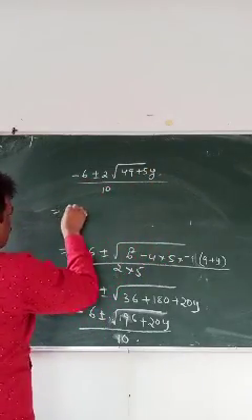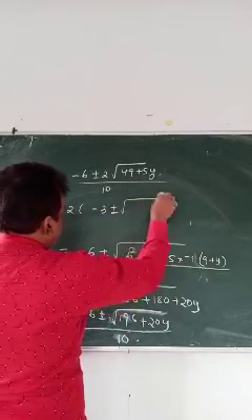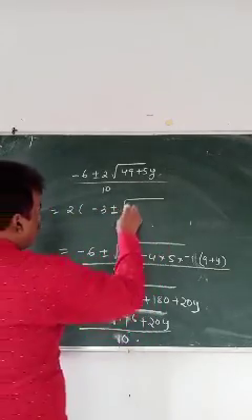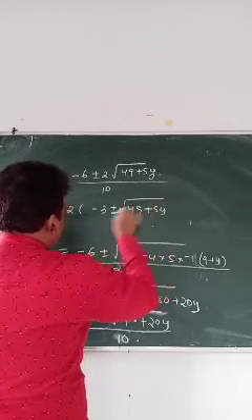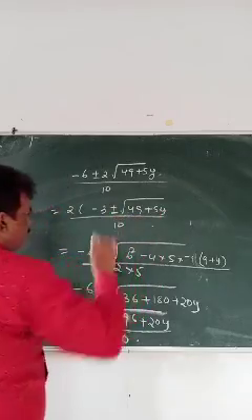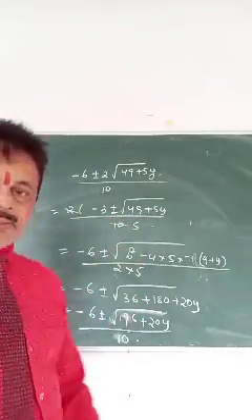If I take 2 common, minus 3 plus minus root of 54 plus 5y, by 10. 2 cancels 5.